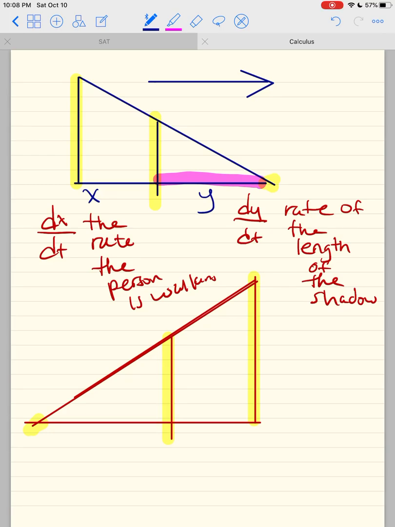So if you're walking towards the building, it doesn't matter. If this person right here is your height and you're walking towards the building, then just say the walk is behind the person and the shadow is in front of the person all the time, okay? So that's if you're walking towards the building. Now, dx/dt plus dy/dt is what we're going to call the tip of the shadow. It's going to be the whole thing, okay?